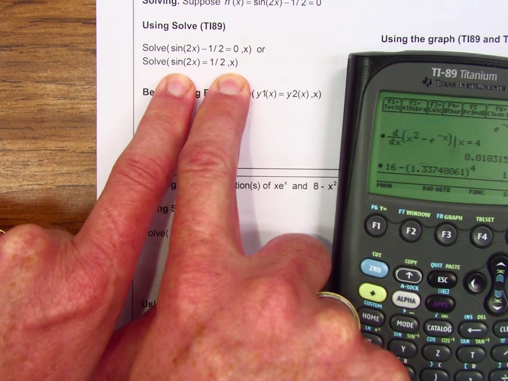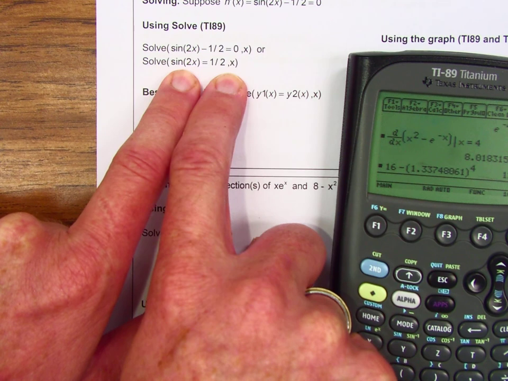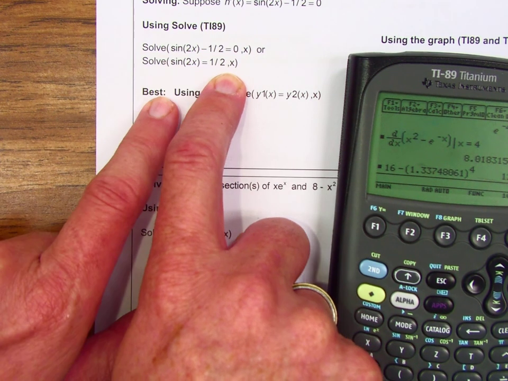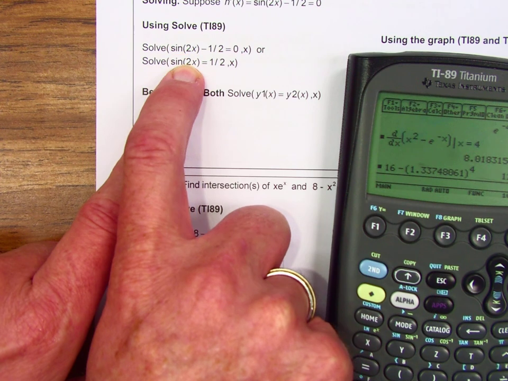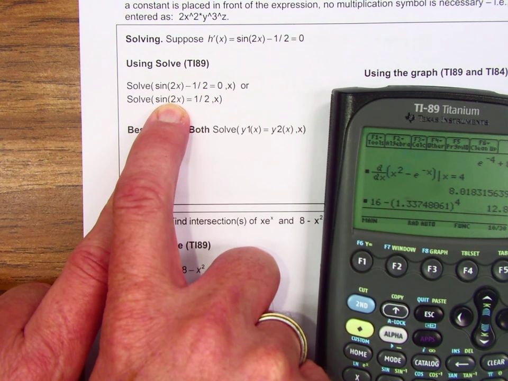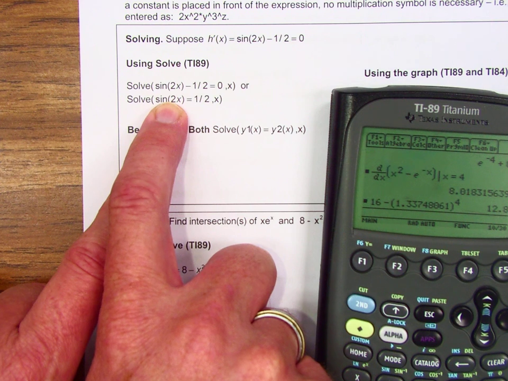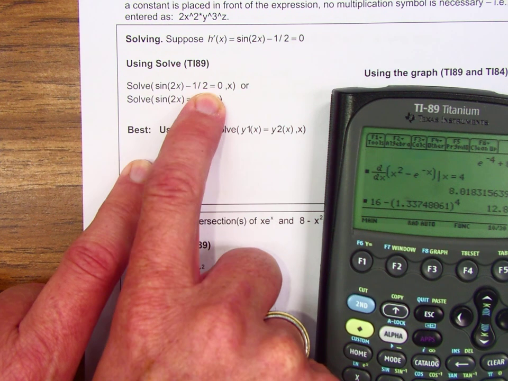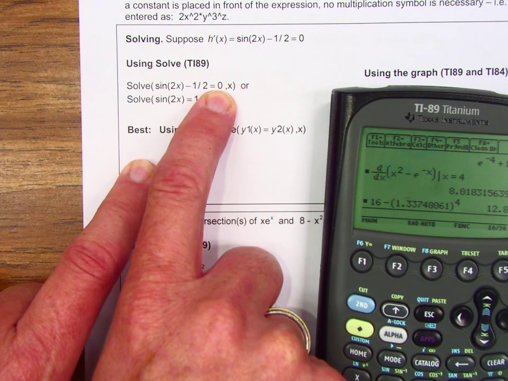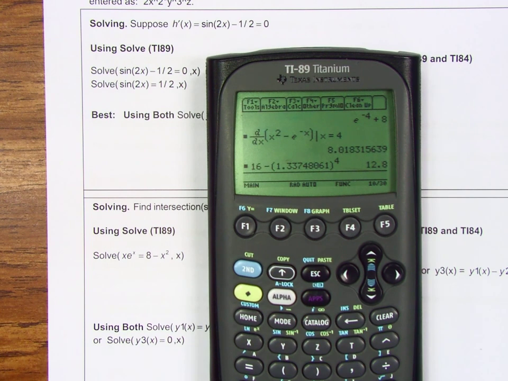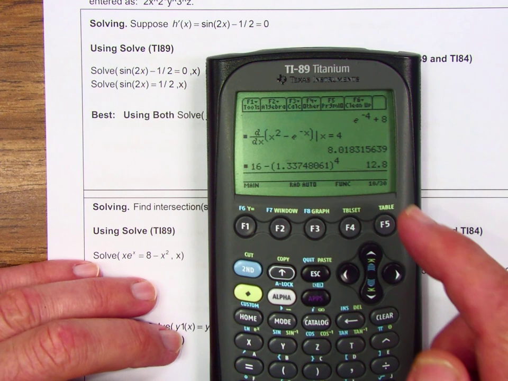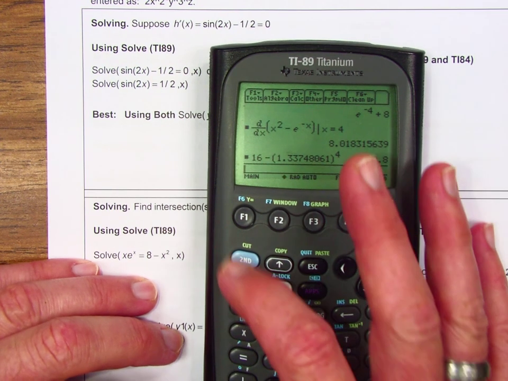You could do y1, y2, but what I think is easier, since we want to find where those are equal to each other, is to write it as a single function and find where it equals 0. You can do it either way, graphing and finding the intersection, but I'm going to go to y equals.